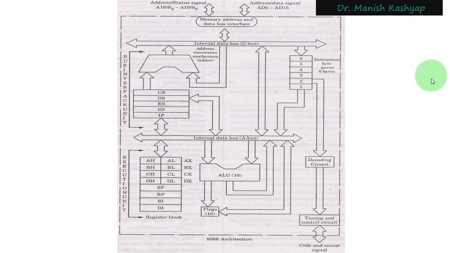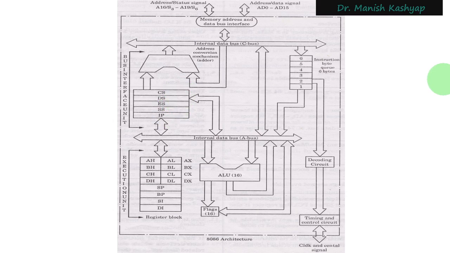So you will have code segment, data segment, extra segment, and stack segment in the external memory, and their base addresses will be kept in CS, DS, ES, and SS registers. Right. So these are called segment registers. Segment registers are internal to the microprocessor, but the segments are actually placed inside the externally interfaced memory of the microprocessor.